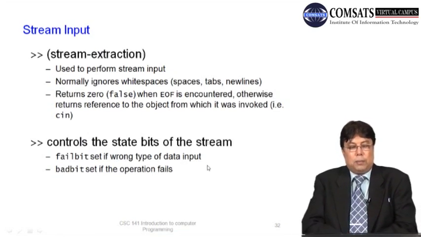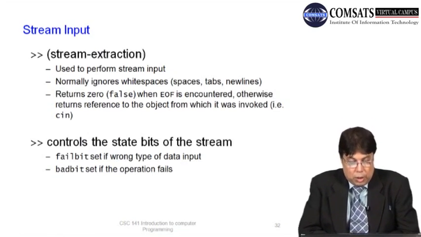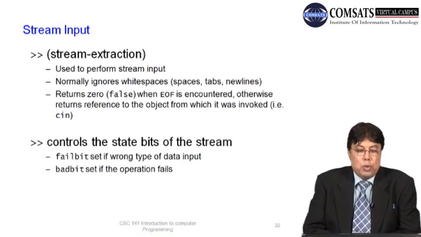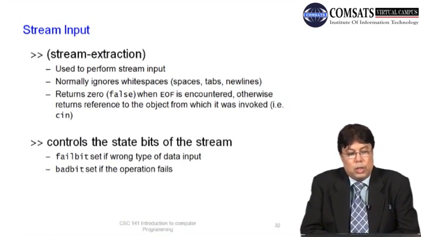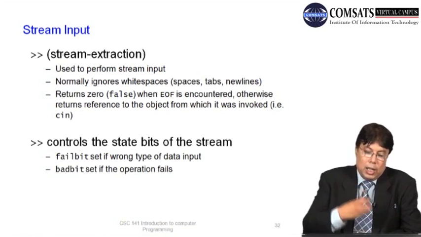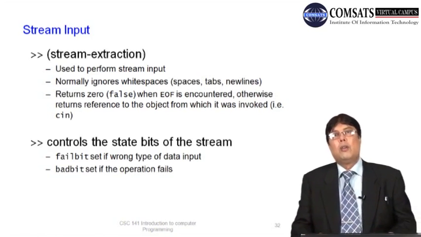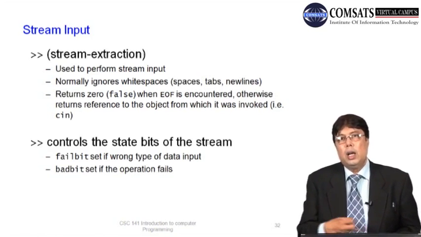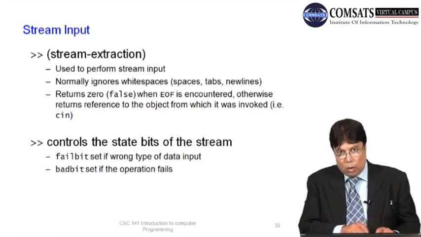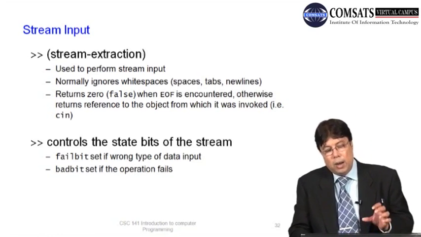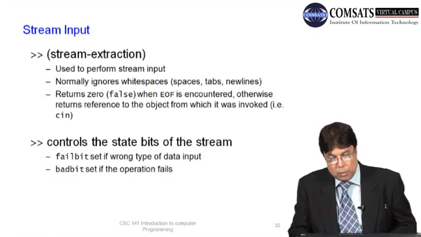So stream extraction and stream insertion, these are the two input and output operations that we need to perform. Stream input is done by stream extraction, that is, you are reading data and extracting it out of the stream, whatever input data the user has provided.